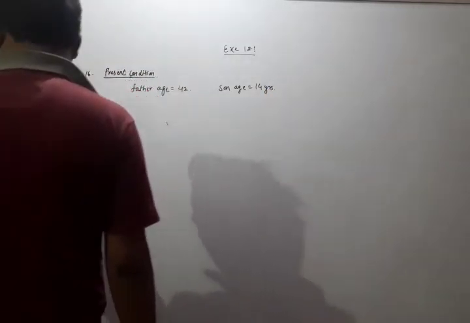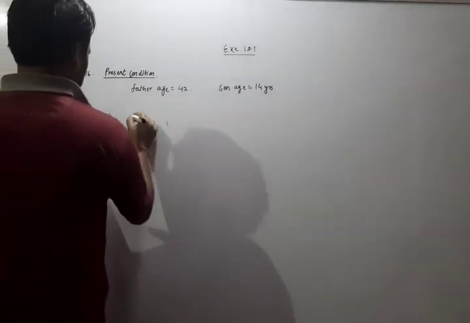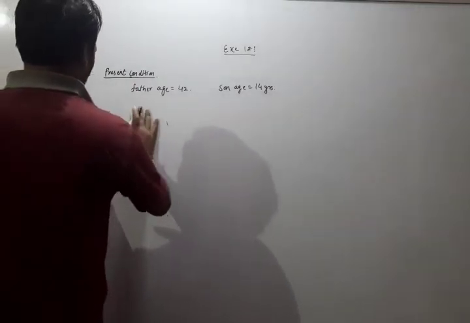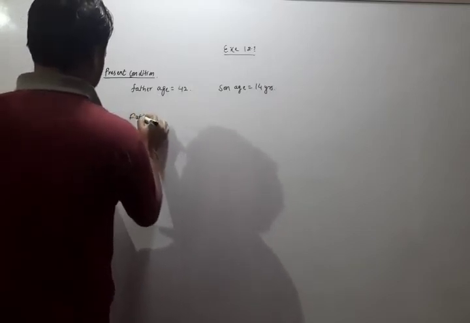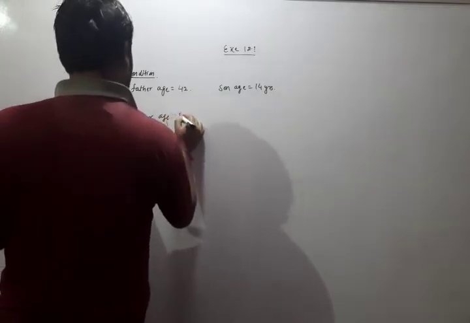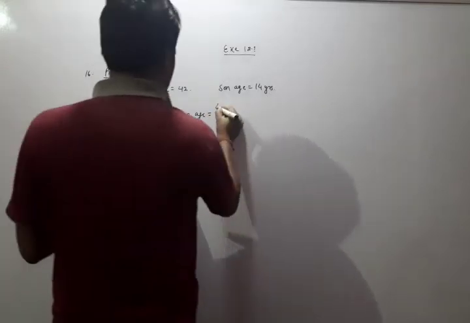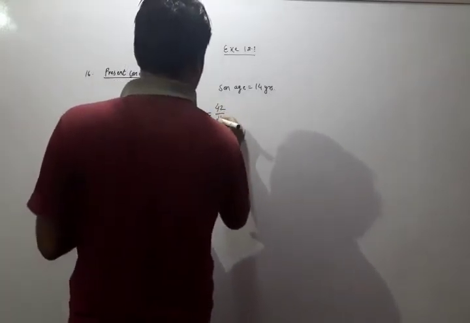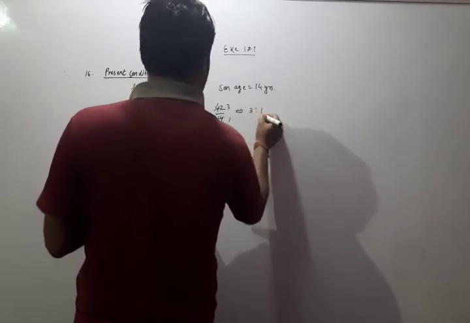First, present age of father to son: 42 upon 14, that is 3:1.